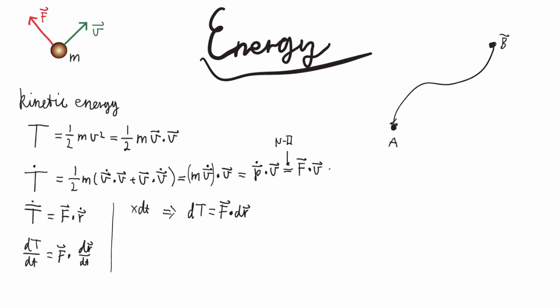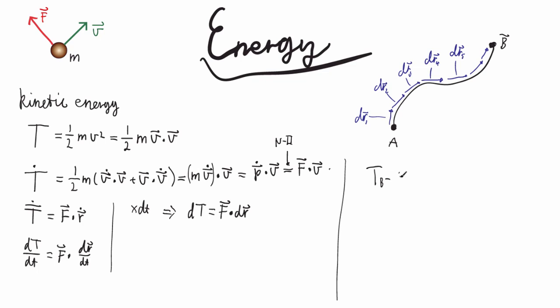What we have to do is take this motion and divide it into small pieces, differential displacements. So this would be, for instance, dr1, dr2, dr3, etc. It's a little hard to see my subscripts here, but that's what I'm writing. So if I want to figure out the kinetic energy change from A to B, that's T_B minus T_A.